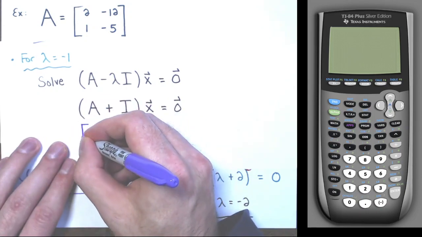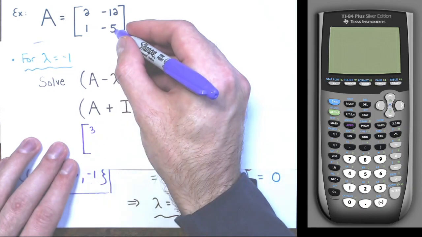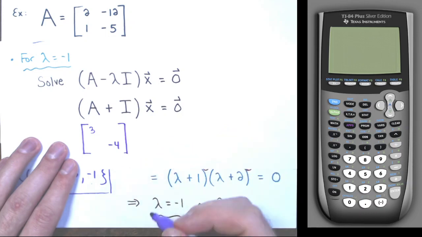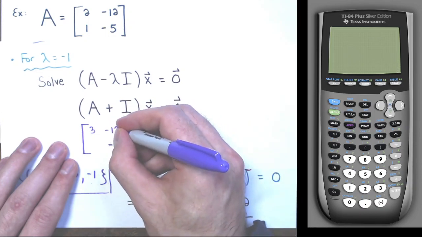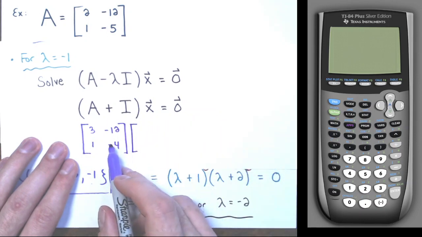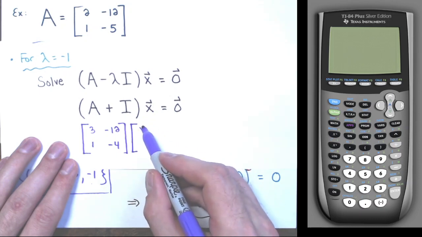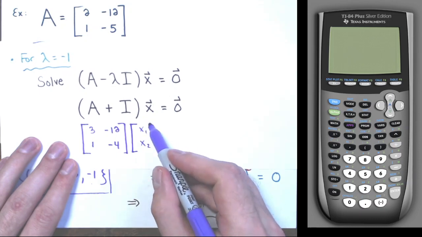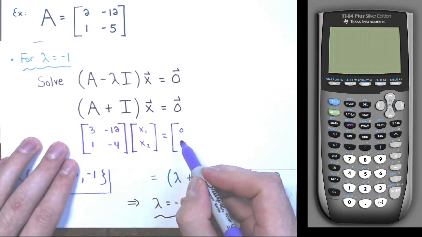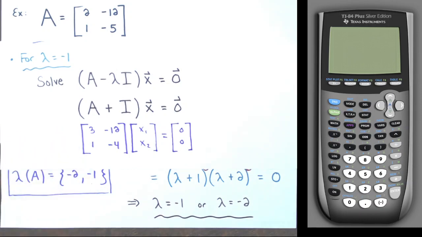So this is the matrix with 2 plus 1, 3, and negative 5 plus 1, negative 4 on the main diagonal, and the other two entries stay the same, negative 12 and 1. It's multiplied by the vector x, which, since this is a 2 by 2 matrix, has two components, x1 and x2. I want to know when this equals the zero vector from R2.